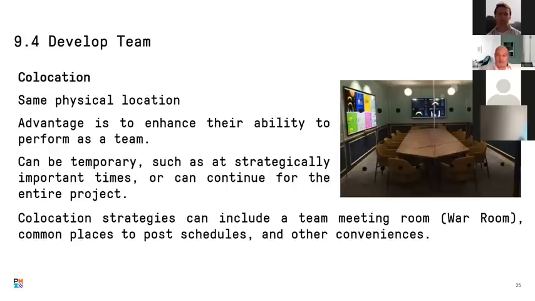This room, by the way, I saw it as an exam question one time. He was asking about the war room. What is the war room? The war room is the co-location room, where you have one room like this. You can have the team meetings. It's not a must to have the team sitting in this room all the time, but it's a room where you have different charts, showing the performance of the project and what is next to be done.